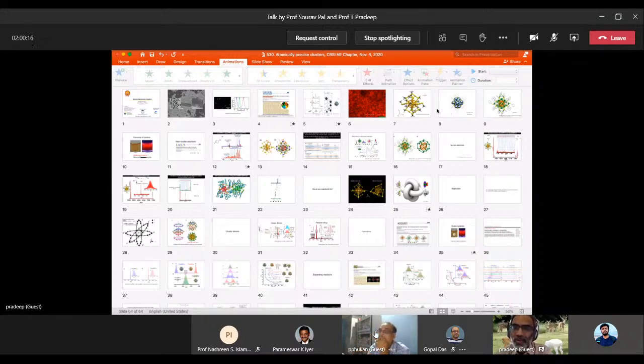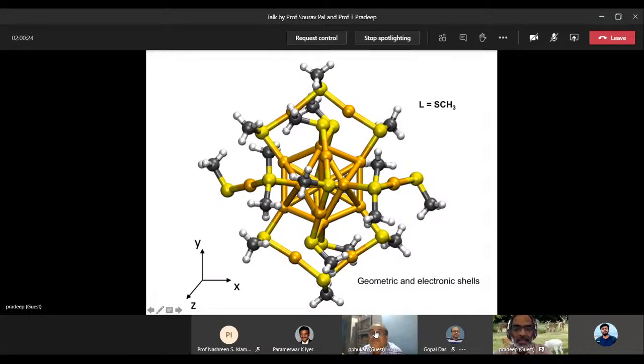So if you have this particular cluster, let us say gold 25 with, let us say, phenylethyl thiol, people have found this cluster to be very stable, but only with certain ligands. With certain other ligands, this cluster is extremely unstable.